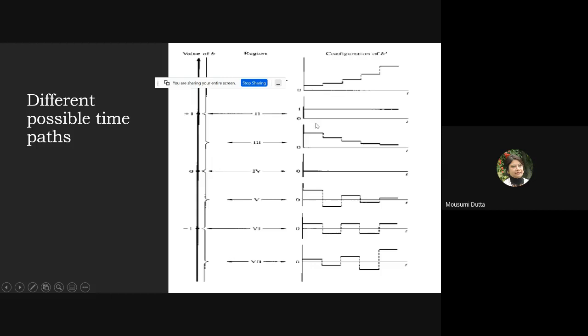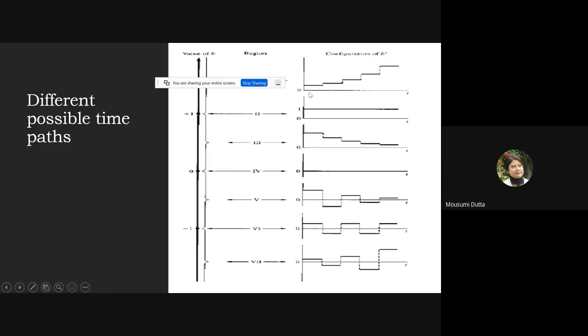In the similar fashion, here convergent at 1, a straight line, and when the value of B is moving beyond plus 1, in that case you are getting a divergent time path. So these are all possible varieties of the time path we can derive using the first order difference equation.